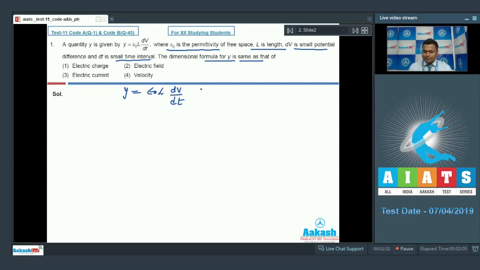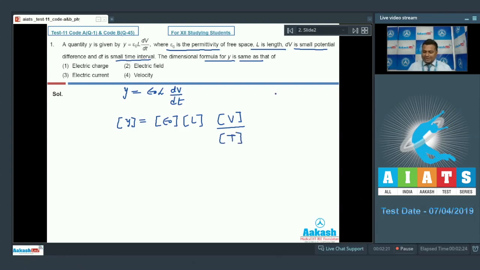Now we can write the dimension of y as dimension of epsilon naught, dimension of L, dimension of potential divided by dimension of time.